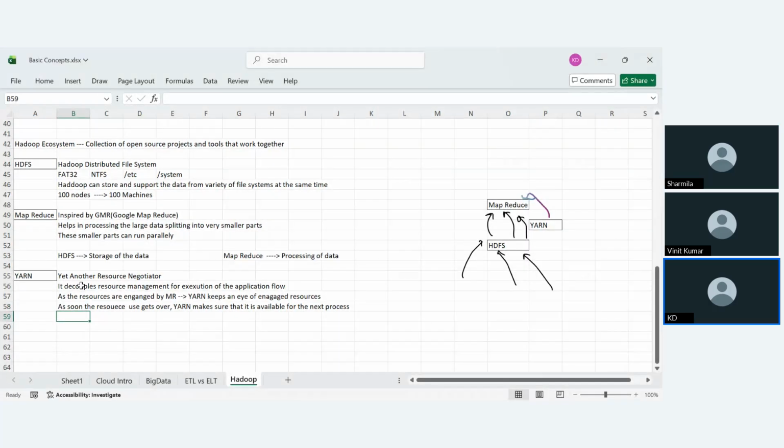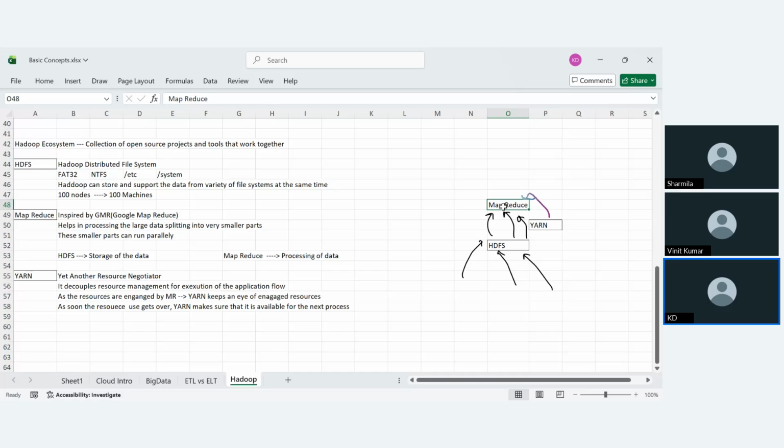Any doubt? So what is decouple? Decouple means, suppose one task has come. MapReduce has engaged, suppose you have the availability of 1,000 resources. MapReduce has engaged 500 resources out of those 1,000 for the first task. In the meantime, in a few seconds, a second task has come, and that task requires, let's say, 600 resources.